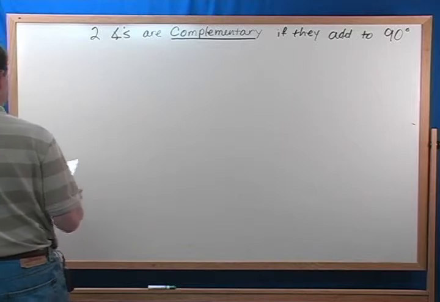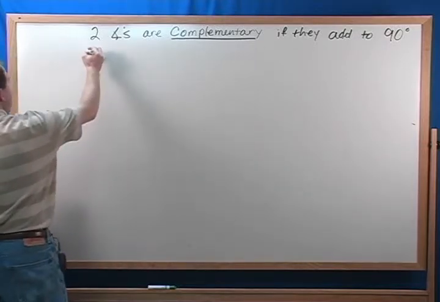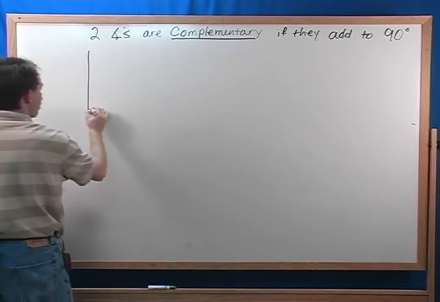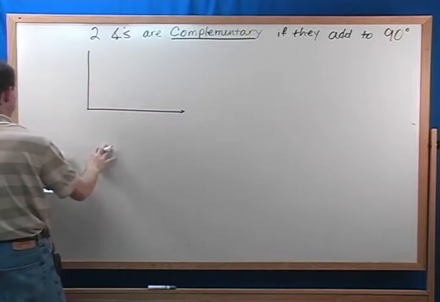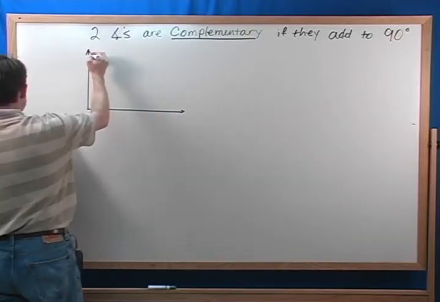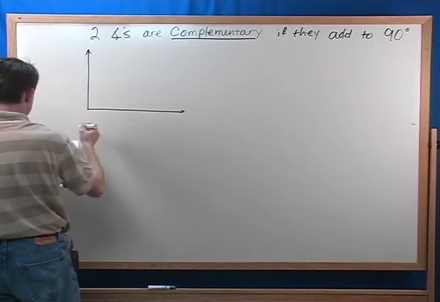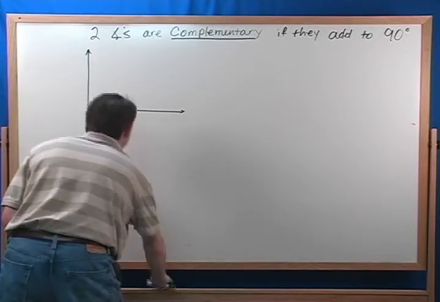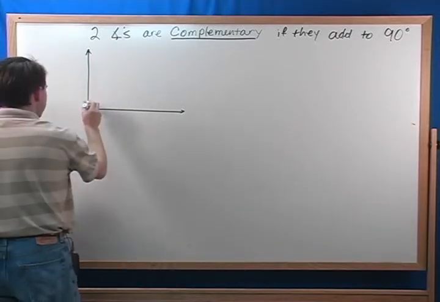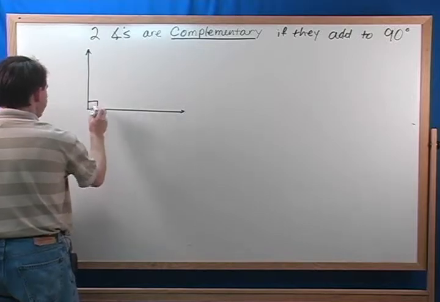Okay. So let's look at this. Let's say you have a right angle. Let's see here. How are we going to do this? This is a right angle, so I'm going to draw my little symbol down here in the corner. That means 90 degrees.